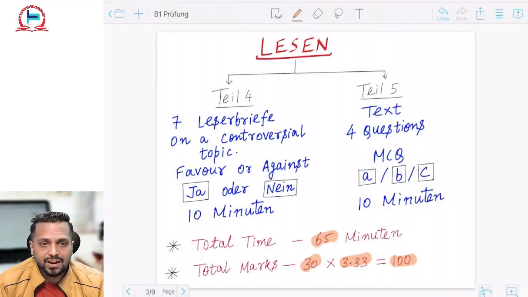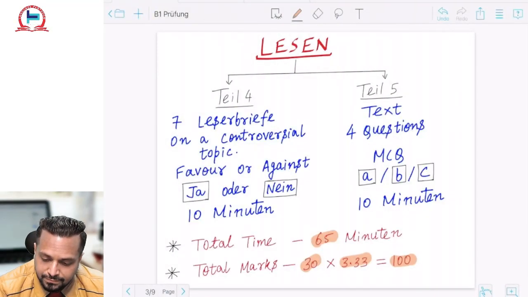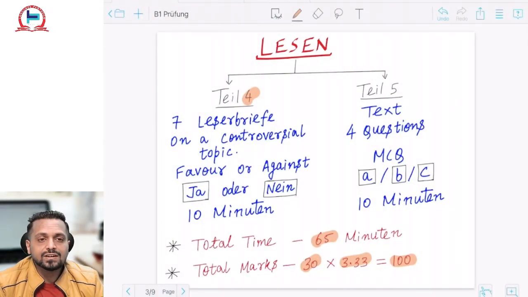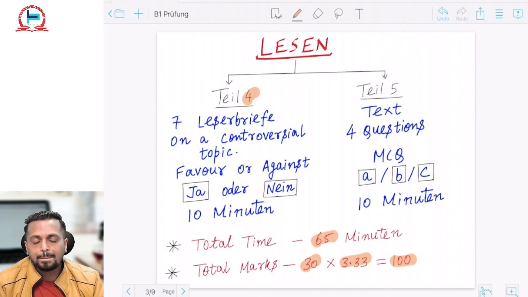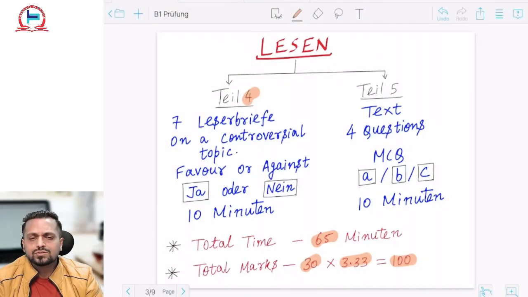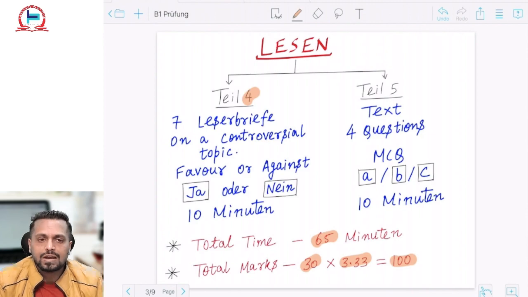Further, moving ahead, Teil 4. Teil 4 has 7 Leserbriefe. Leserbriefe means letters to the editor. There are 7 letters to the editor. In these letters, people are expressing their views, opinion, or outlook on a controversial topic.